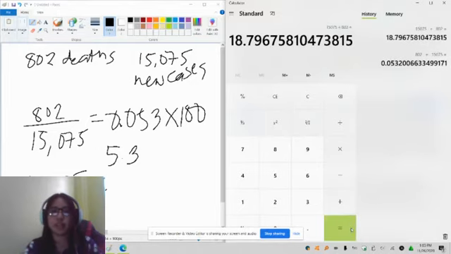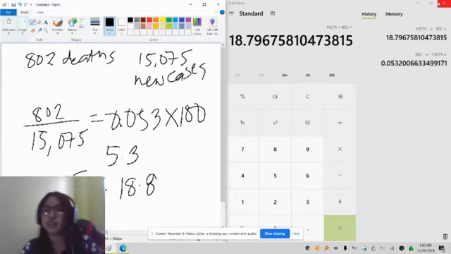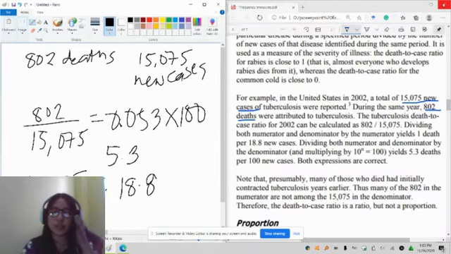The result is 18.79, or this can be written as 18.8. So let us go back. If we are going to interpret this as 5.3 or 18.8, it doesn't matter.